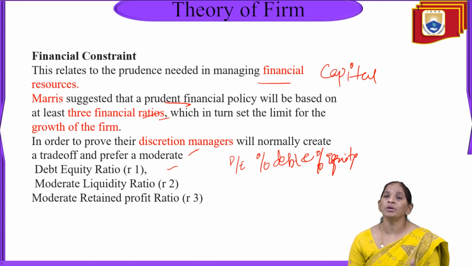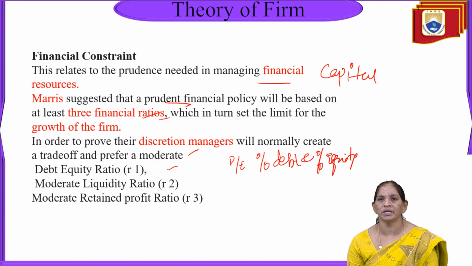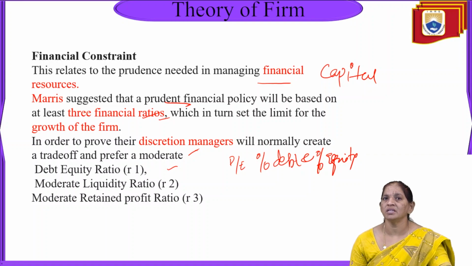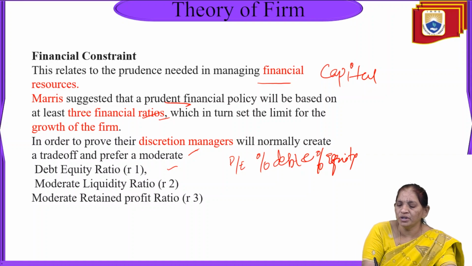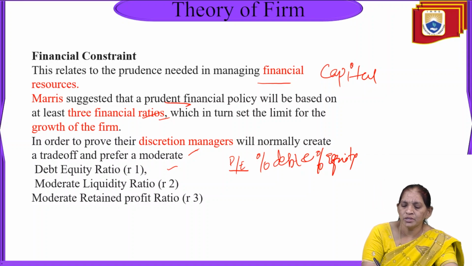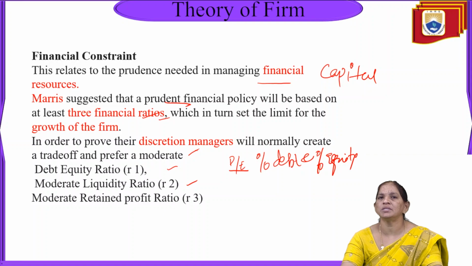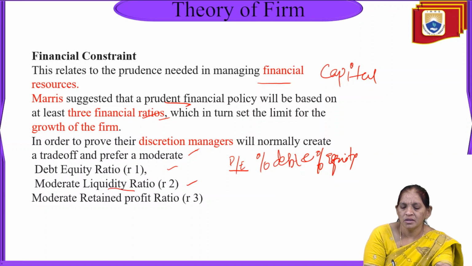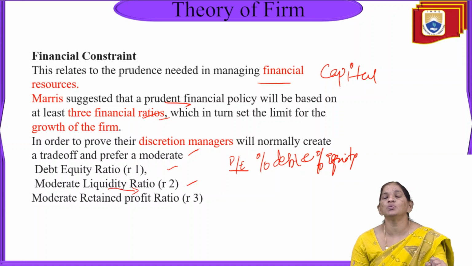Why? Because more debt creates a responsibility for the managers to work efficiently in the organization. So that's why organizations, when they look at financial constraints, should maintain a good, perfect matching debt equity ratio. The next important ratio is the liquidity ratio. Liquidity ratio means the money or cash, that is working capital management, where we must have constant money in hand.